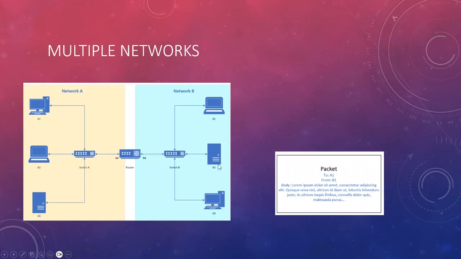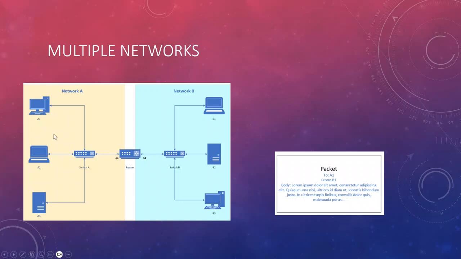B2 and B3 are going to ignore it. B1 is going to read it because that's who it's addressed to. The router only moves traffic from network A when it's addressed to network B.